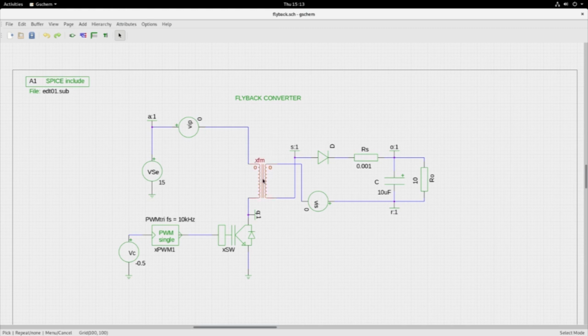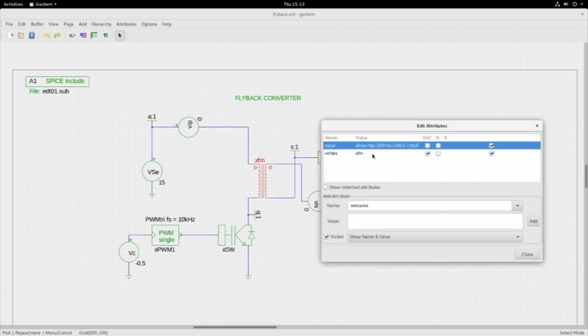The flyback transformer here has a sub-circuit model, and we are passing some parameters as given here. XFMER NP, the primary number of turns is 100, secondary number of turns 100, C as 10, that is the permeance.